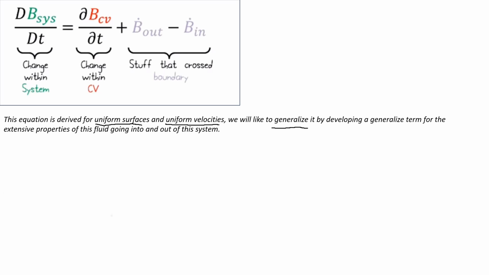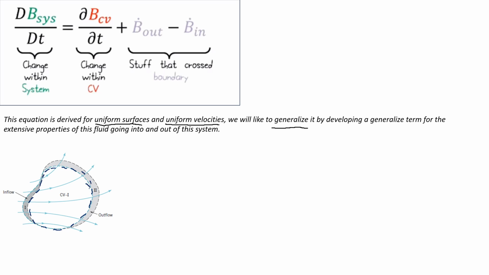So let's take this scenario in which we now have an arbitrary shape. These blue dashes represent my control volume.